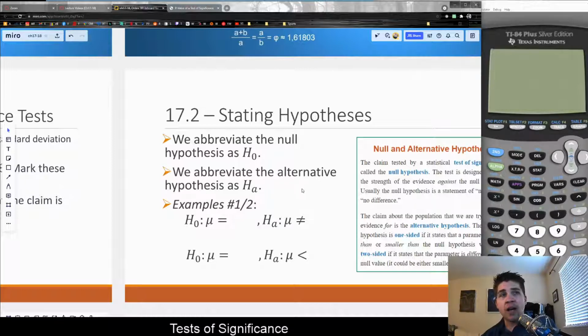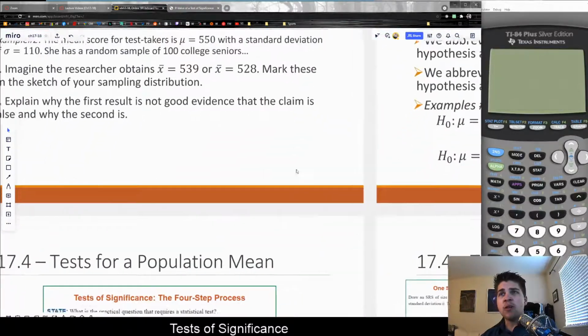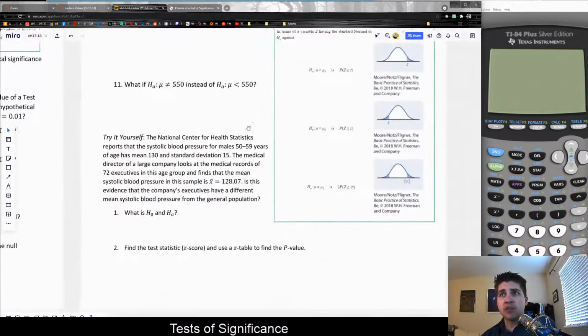For example, in class we looked at a theoretical problem where the claim was that the mean test score for the GMAT was 550, and the researcher wanted to determine if her population was actually less than the mean.